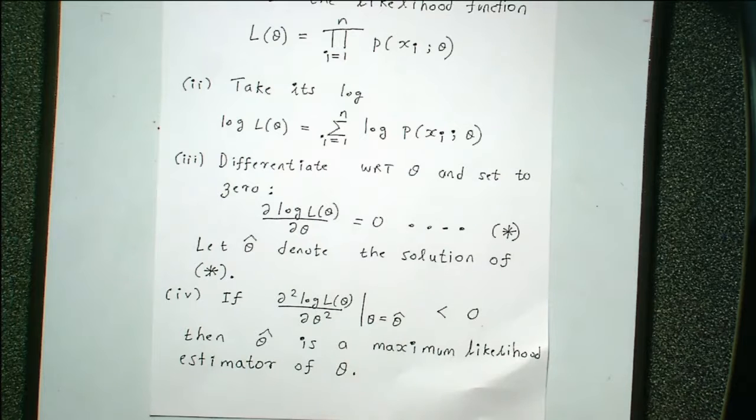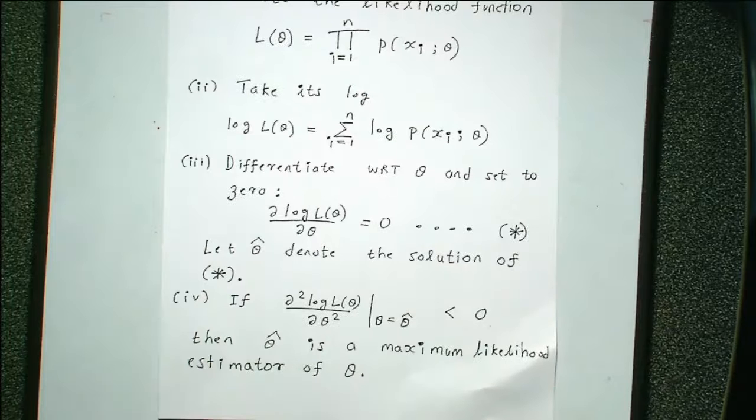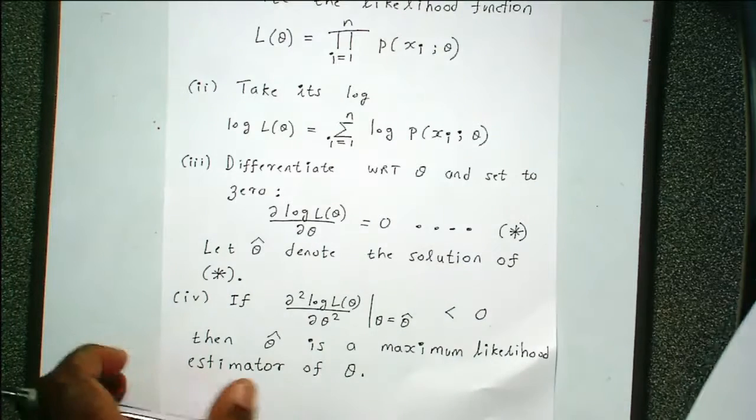If it is negative, then theta hat is an MLE, or maximum likelihood estimator, right? So this is the discrete case. There's no need to copy this down. As you know, I will post things online as soon as the class is over.